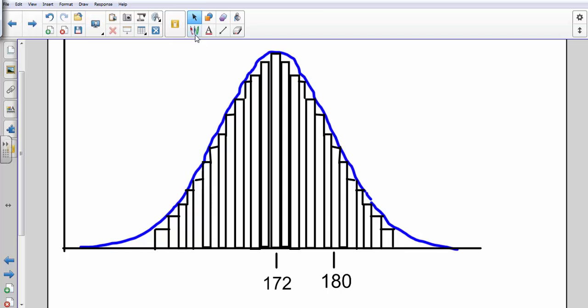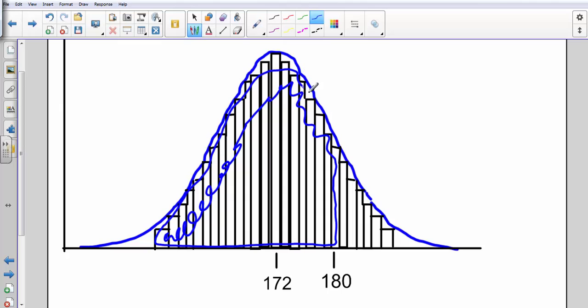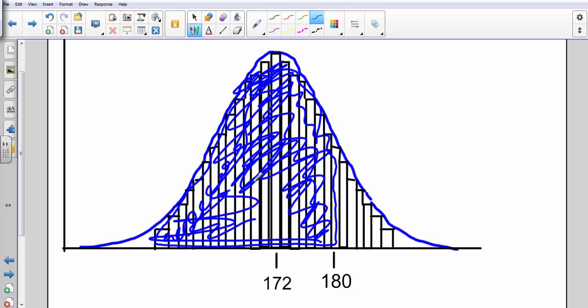And what they're saying is that if we count up all the number of students represented by this histogram up to this point here, this area underneath the curve is representative of 93% of the population of this school. And so anybody that is 180 centimeters tall is taller than all of these people, which is to say taller than approximately 93% of the people in the school.